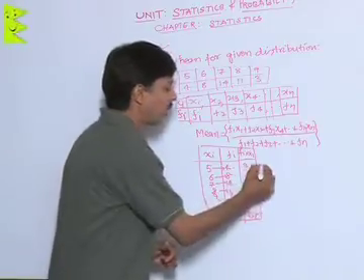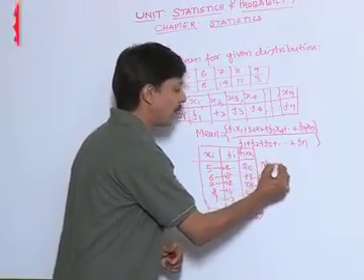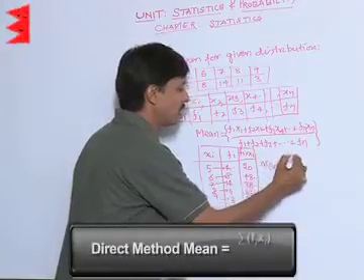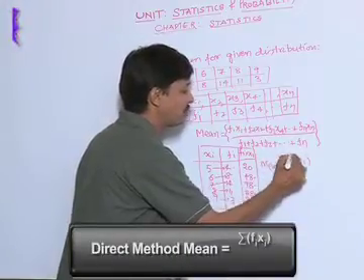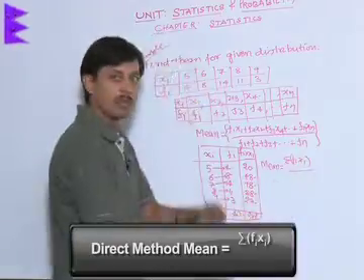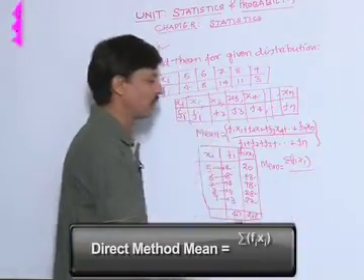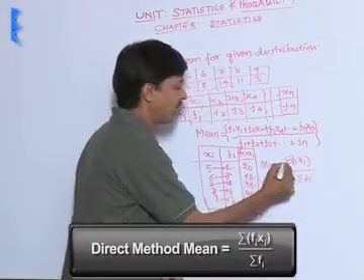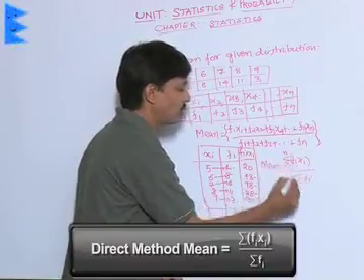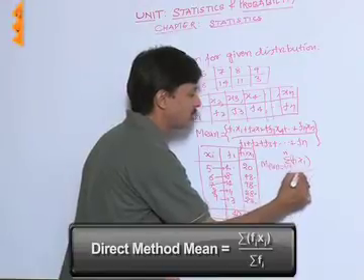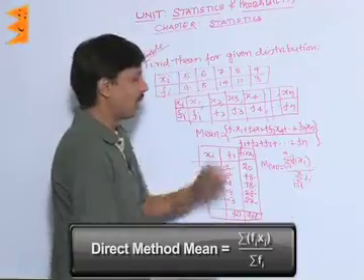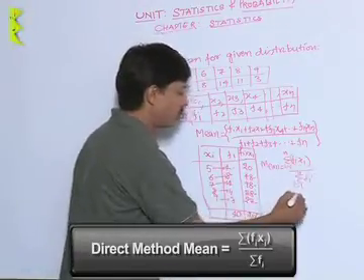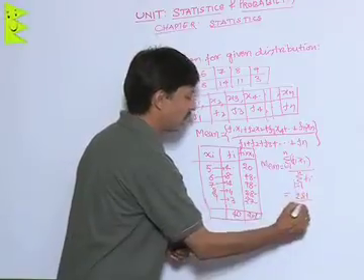So to calculate the mean, we apply the formula sigma fi xi, meaning the sum of the product of frequency and observation, divided by sigma fi, where i goes from 1 to n. Here sigma fi xi is 281, divided by 40.